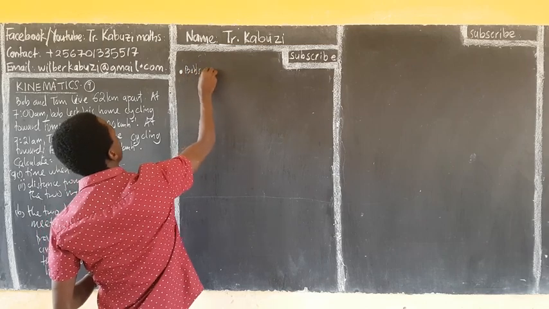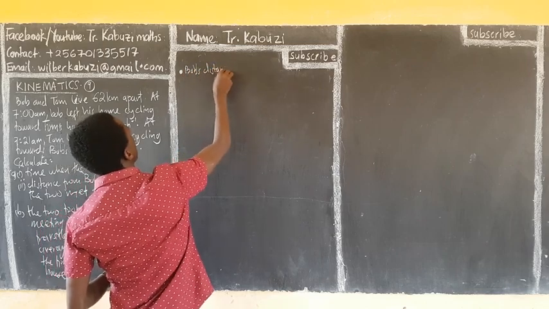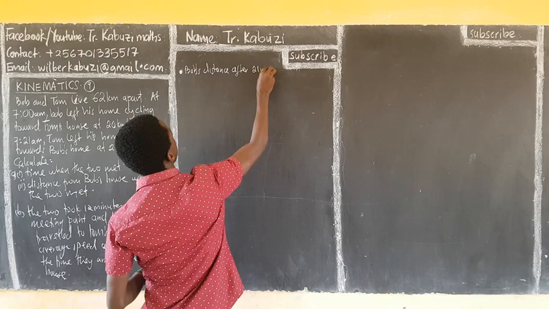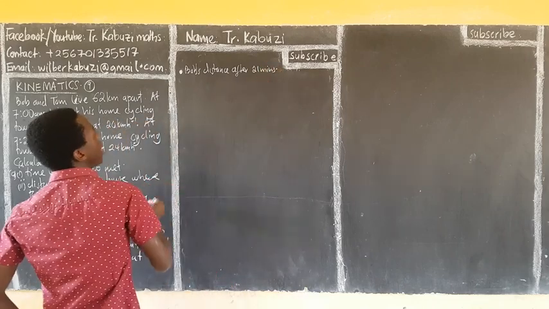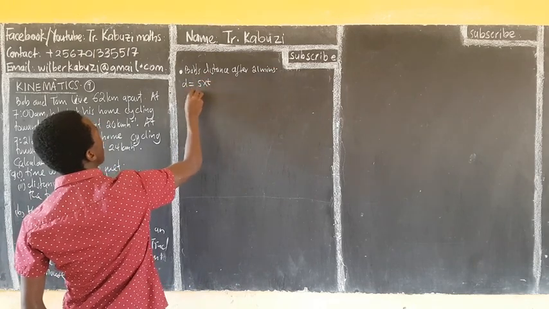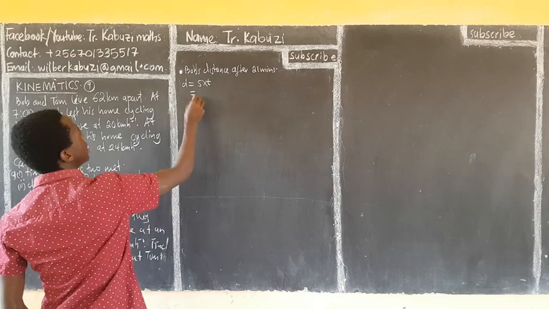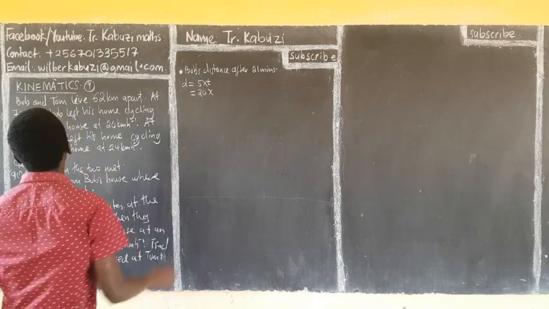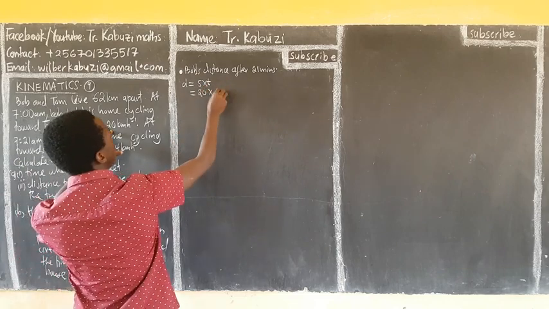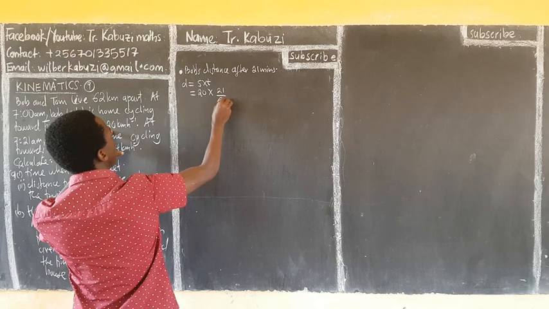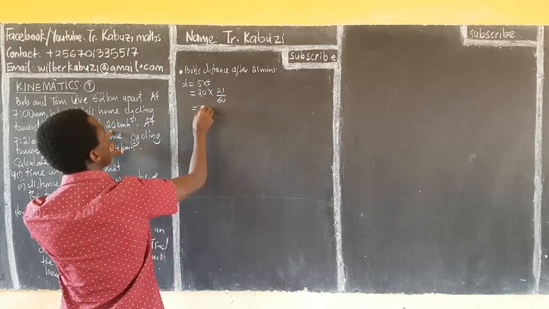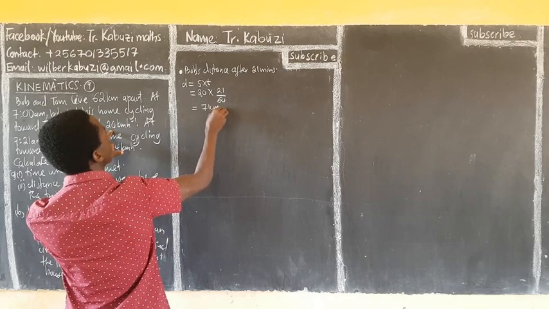Bob's distance after 21 minutes: distance is speed times time. Bob is using 20 kilometers per hour, and 21 minutes is 21 over 60 hours, so we convert to hours. This gives us 7 kilometers.